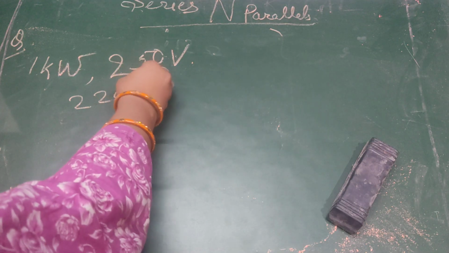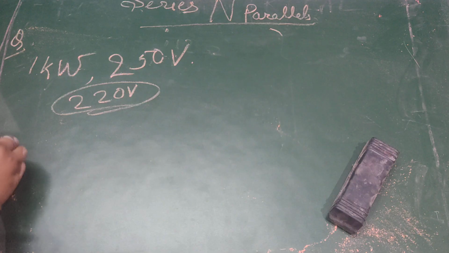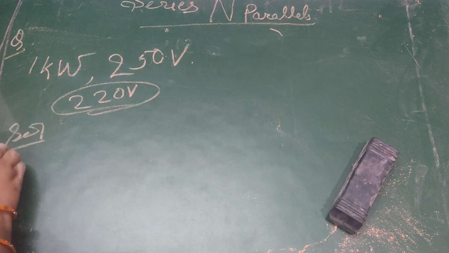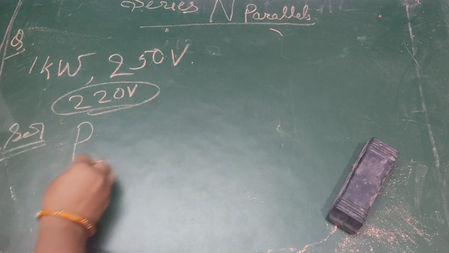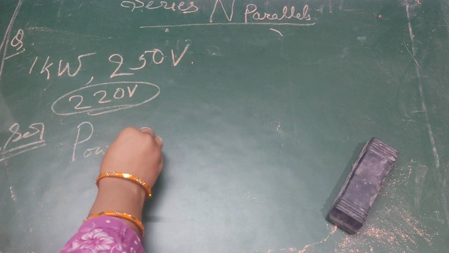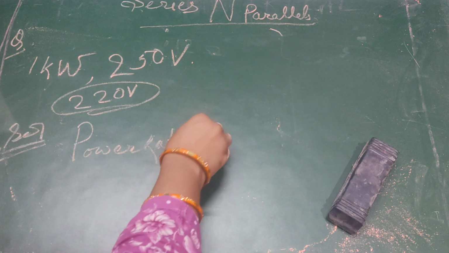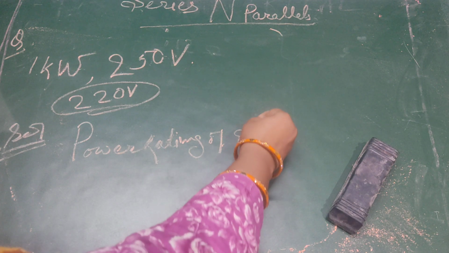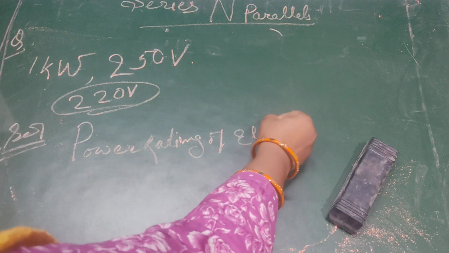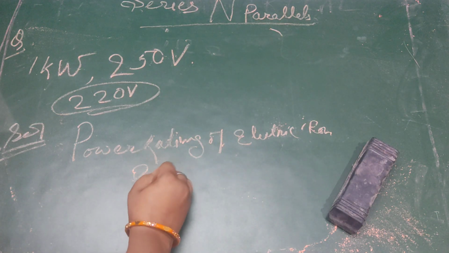So for this, what we will do, power rating of the electric iron, that is P equals what?